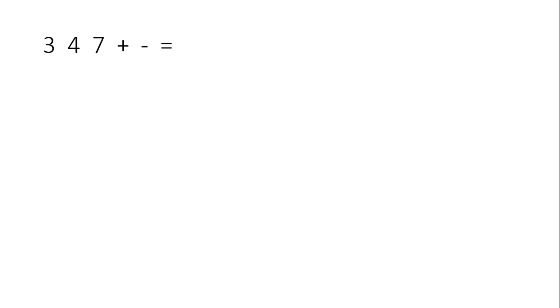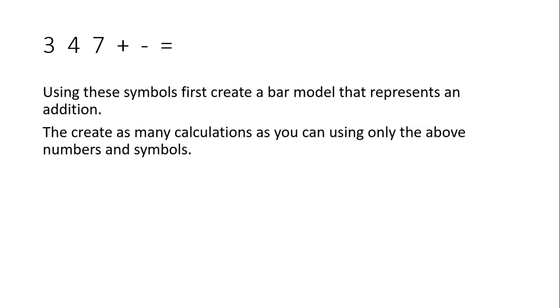So we've got a 3, we've got a 4, we've got a 7, we've got a plus, a minus, and an equal sign. So using these symbols and the numbers, I want you to create a bar model that represents an addition. Then I want you to create as many calculations as you can, written out like number sentences, using only the above numbers and symbols.